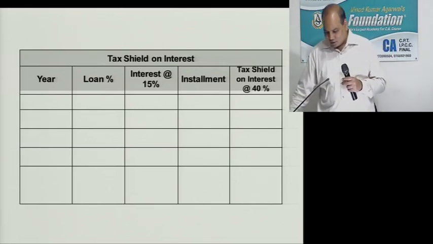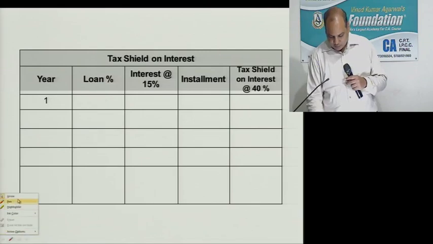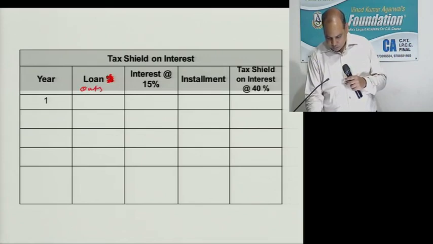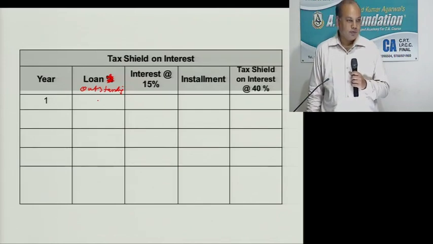Interest at the rate of 15%. Installment paid. And the last column is tax shield on interest at the rate of 40%. These are the minimum columns you require to understand.